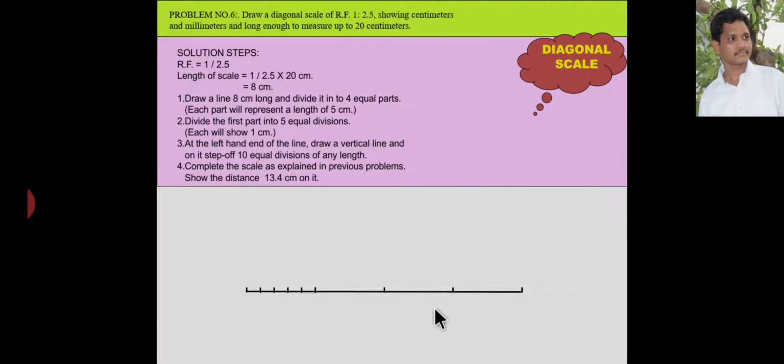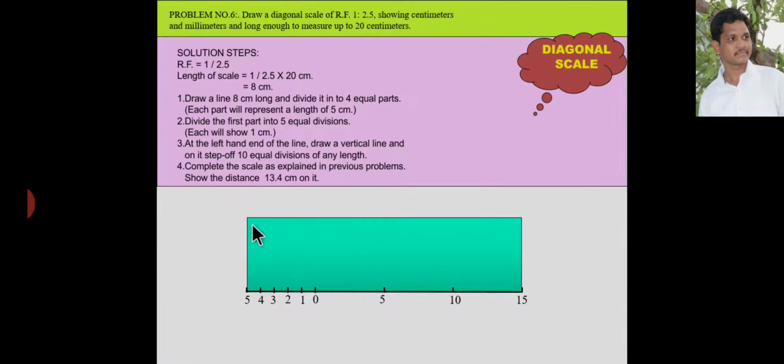Each main division represents 5 centimeters, 10 centimeters, 15 and 20. So each main division represents 5 centimeters, and a subunit represents 1 centimeter. 0, 1, 2, 3, 4, 5. This is main division, this is subdivision.